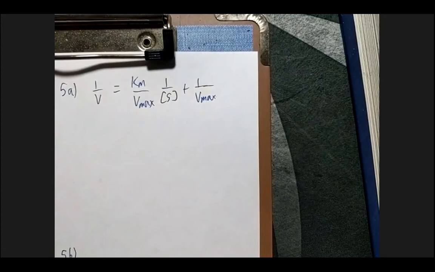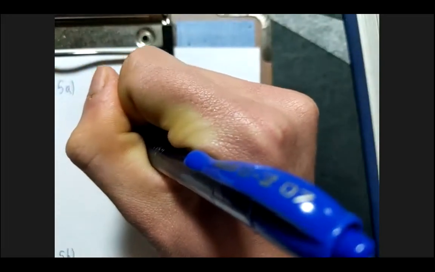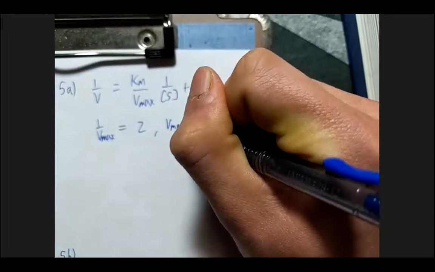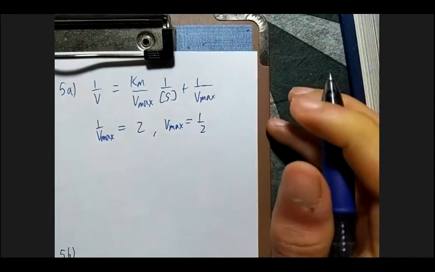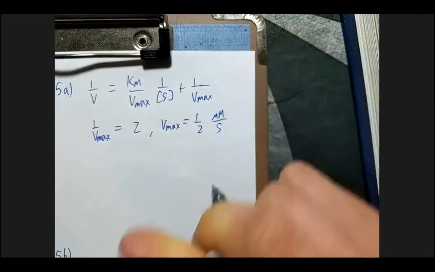Looking at the graph given in the homework, you should see in the inset they have zoomed in onto the y-intercept, and you should be able to see that 1 over Vmax is equal to 2, which means that Vmax is equal to 1/2, and the units for that would be per second.